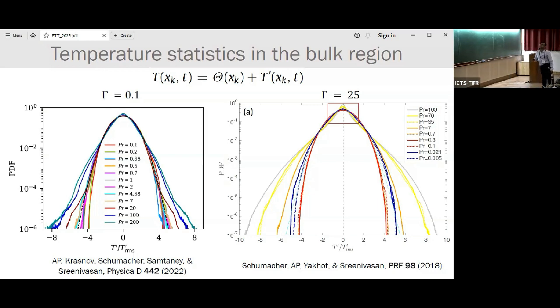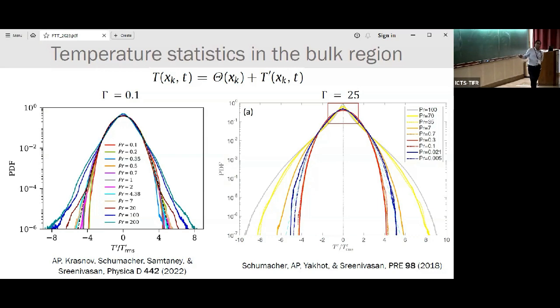We can see that for low Prandtl numbers, the fluctuations are distributed roughly as Gaussian, or sub-Gaussian in some cases. Here the dashed curve shows the Gaussian curve. And the higher Prandtl number data in this slender cell shows non-Gaussian, kind of stretched tails.